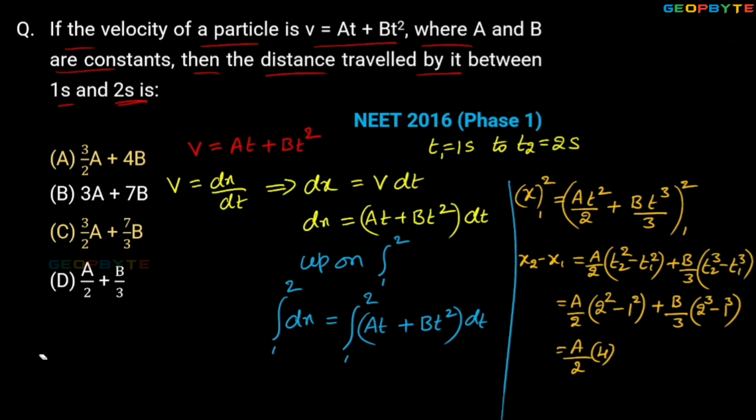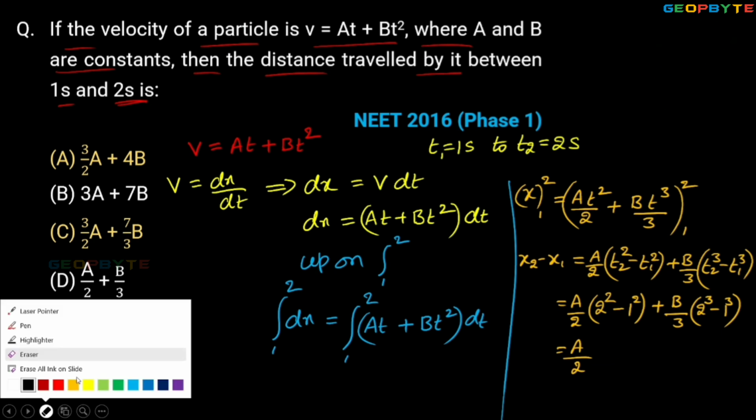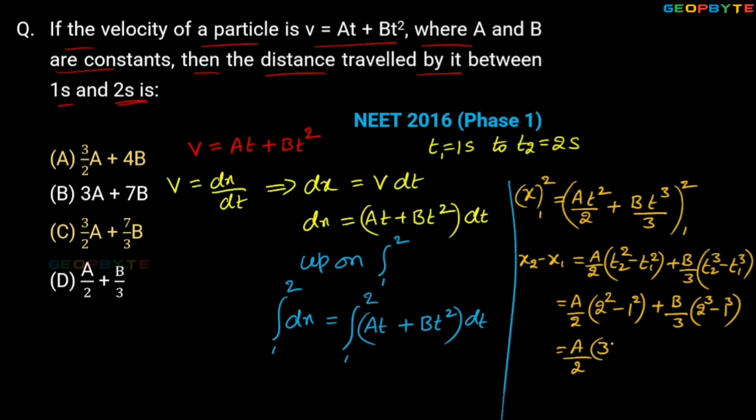Should be very careful. Plus b by 3 into 8 minus 1, that is 7. It is equal to 3 by 2 a plus 7 by 3 b. That is the distance traveled by the particle from 1 second to 2 seconds. Look at option C, 3 by 2 a plus 7 by 3 b. Option C is absolutely correct.